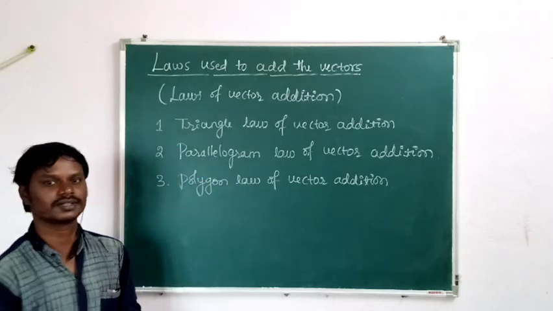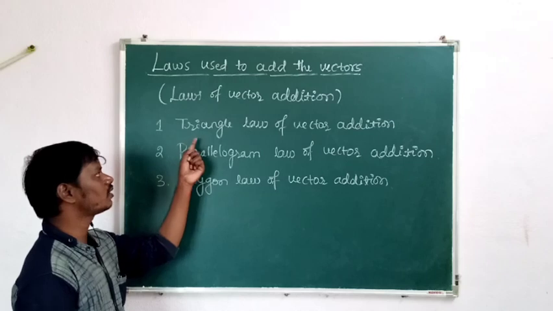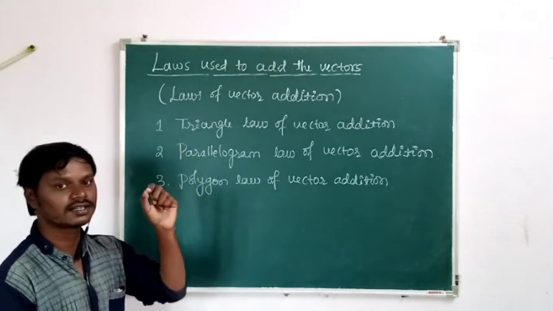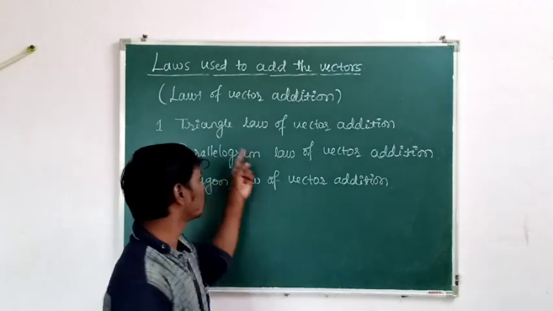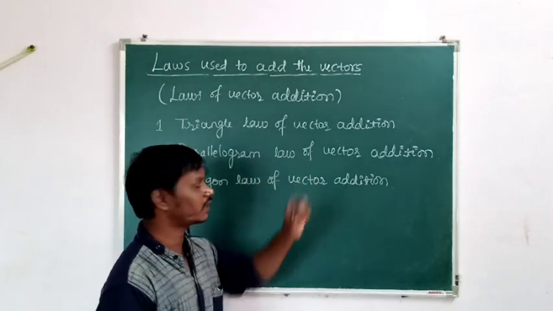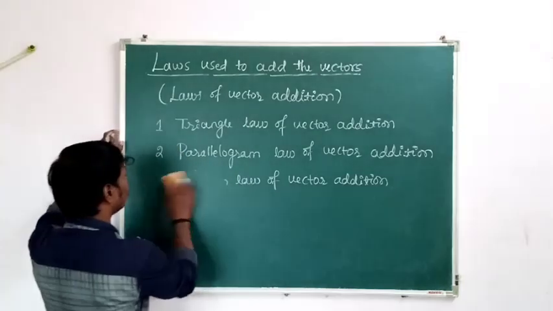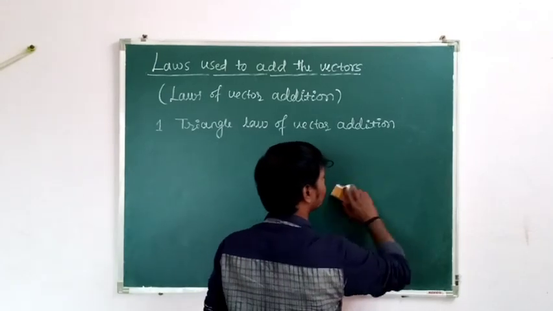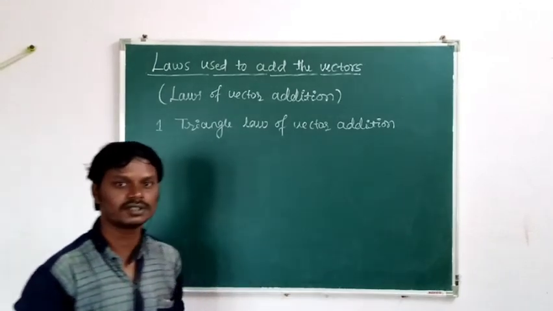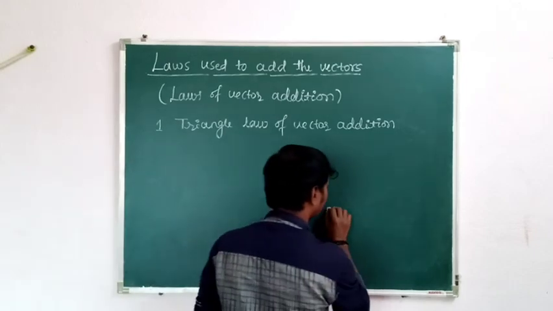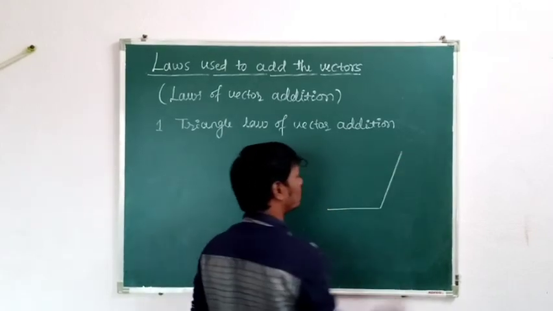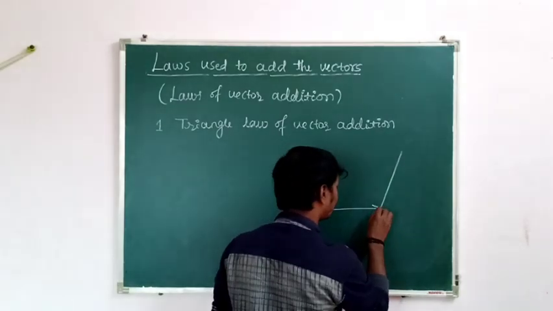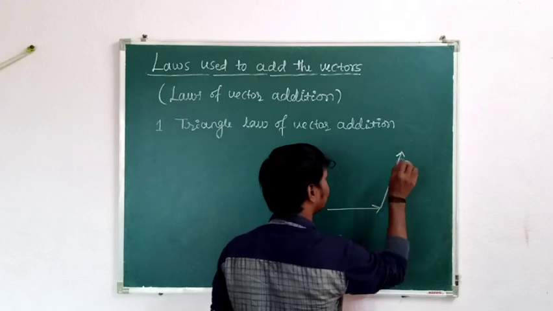Okay. Now let us discuss what the triangle law of vector addition is. What is the statement used to find the resultant vector of two vectors in the case of the triangle law of vector addition? See here. Let us consider one vector and another vector, and we have to take these two vectors in the same order.